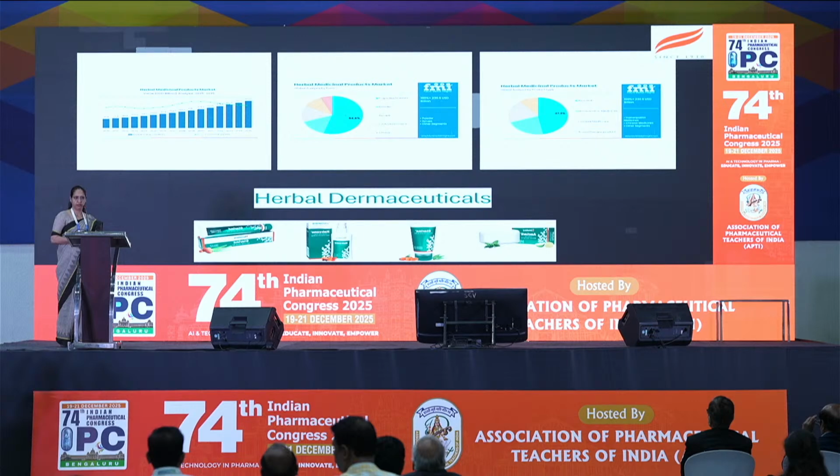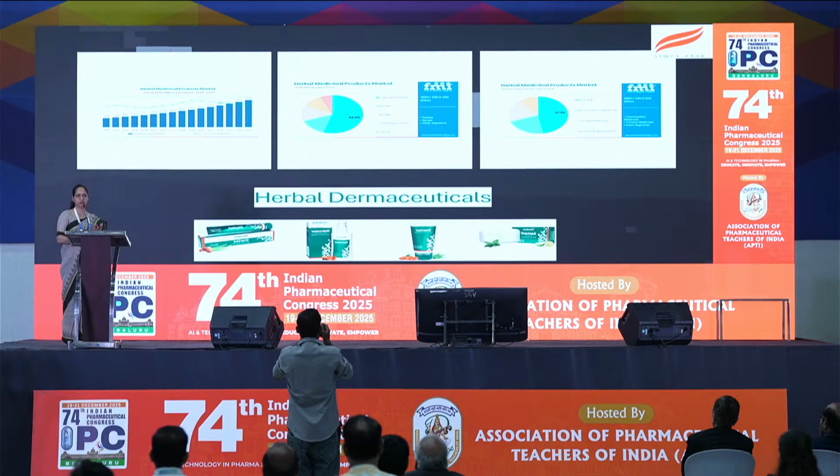This is apart from natural skin care, hair care and oral care globally, which has so much traction for herbal due to its unique advantage over chemical entities.